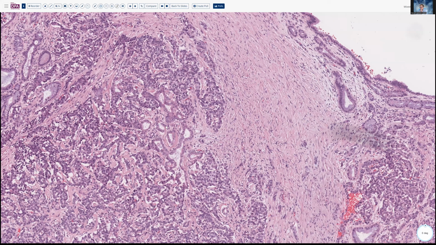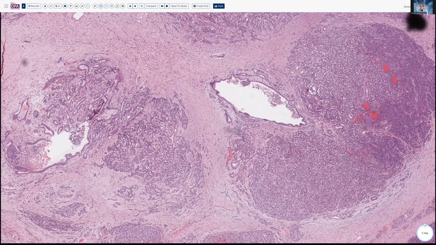Sometimes it can be difficult to distinguish reactive periductal glands from neoplastic glands in a setting like this. But given the appearance that we've seen elsewhere, it might be reasonable to conclude that some of these might be neoplastic glandular elements.